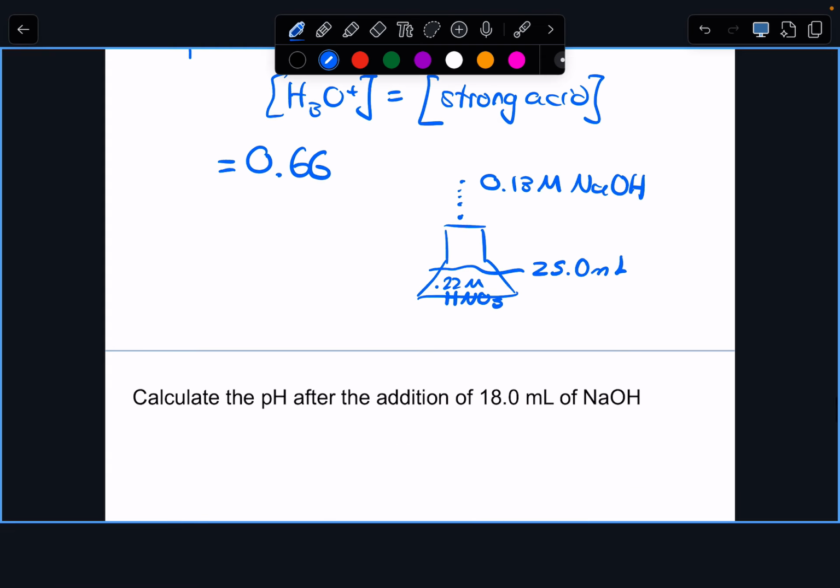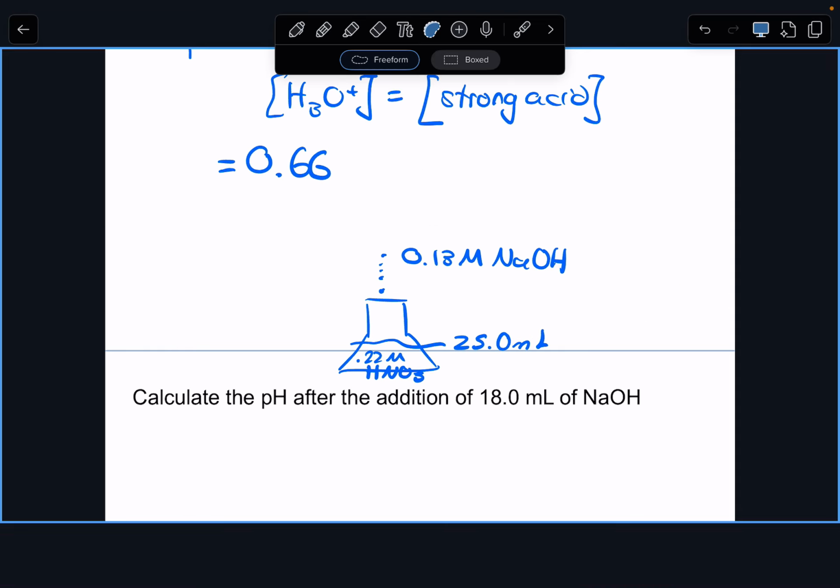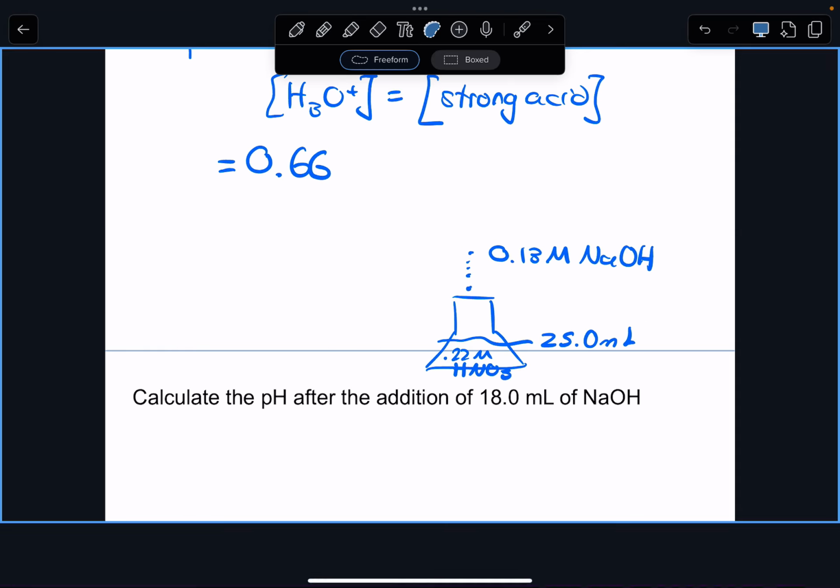All right, second step, calculate the pH after the addition of 18 mL of 0.13 molar NaOH. Okay, so adding to our picture, we're adding 18 mL of this. We are going to do a dilution step.